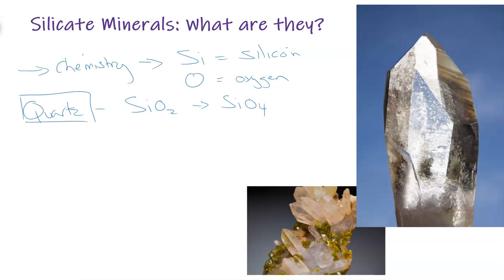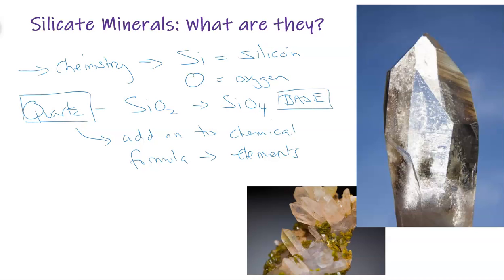There are loads more, and they generally add a lot more different types of elements to the chemical formula. When you add elements into that SiO2 or SiO4 base, the foundation of silicate minerals, you can have a wide variety of minerals created by adding different elements, such as iron, magnesium, potassium, calcium, and sodium.